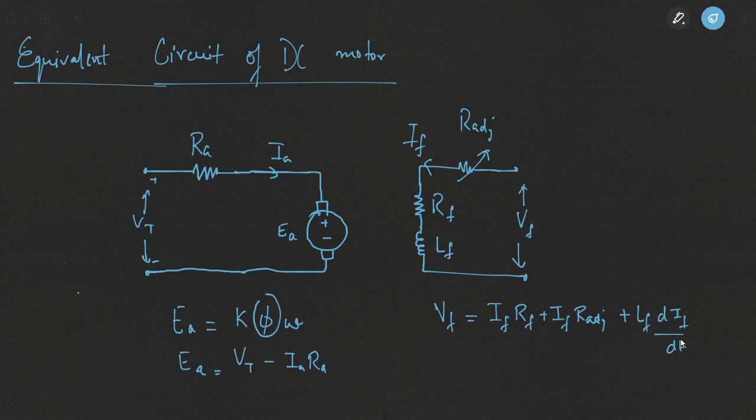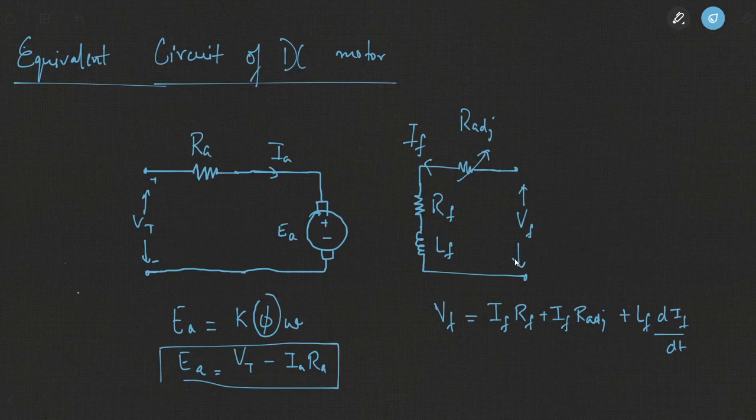So there are two voltage law equations here, one representing the armature circuitry given by EA equal to VT minus IARA, and secondly on the field winding side you have VF equal to IF R adjustable plus IF into RF plus LF DIF by dt. So these two equations are the basic form of the equivalent circuit of any DC motor.